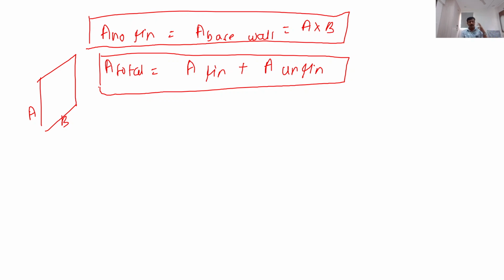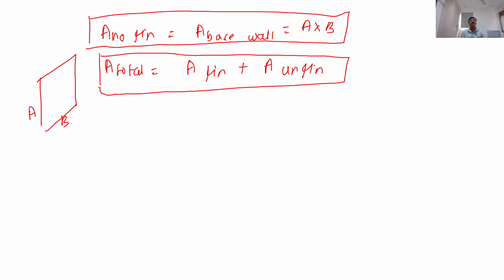So if you know all these areas, now we can proceed towards the formulae of efficiency and effectiveness of fin. These are very important because whenever efficiency and effectiveness are asked in a numerical, you need to calculate different heat transfer rates. But for calculation of different heat transfer rates, you require different areas. And what are those areas? A fin, A unfin, A no fin, and the fourth one is A total. For that, I have already given the formulas to you.